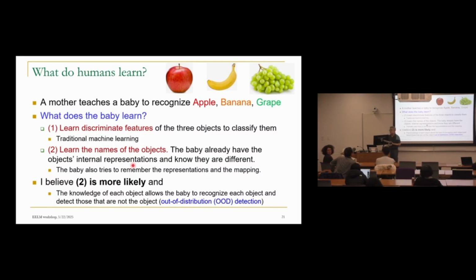Yes? As you say, it's controversial. If it's twins, you look at them and compare them to see who's who. If the objects are very distinct, like apples and bananas, you're right. But if they are similar, very fine-grained things, yes, I agree. But again, you can figure out what the difference is.